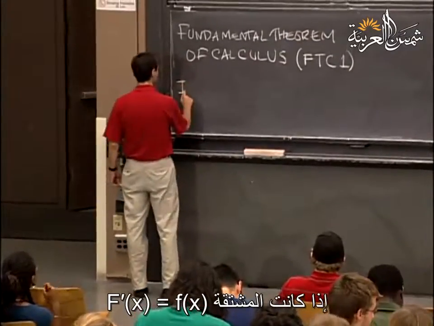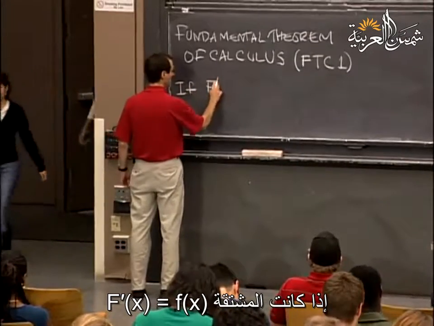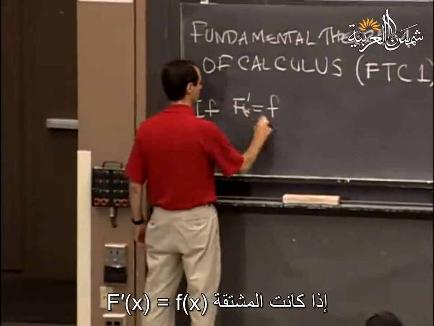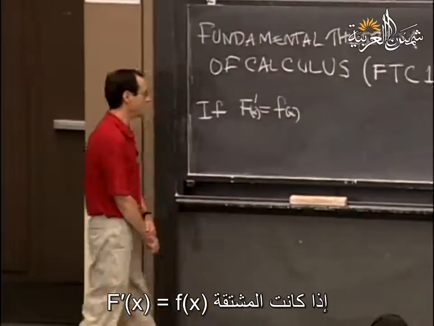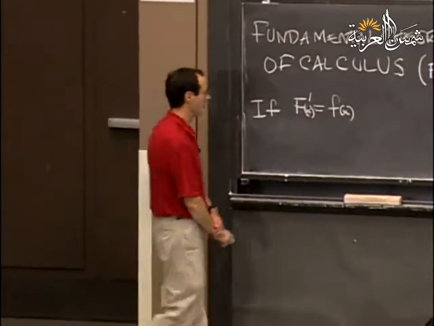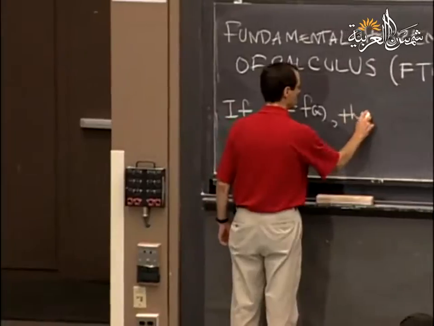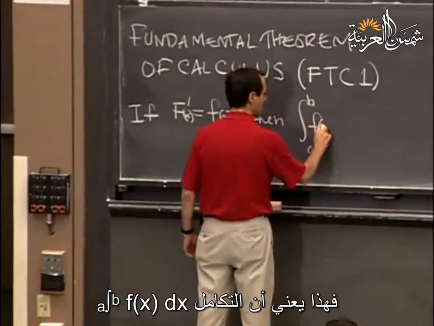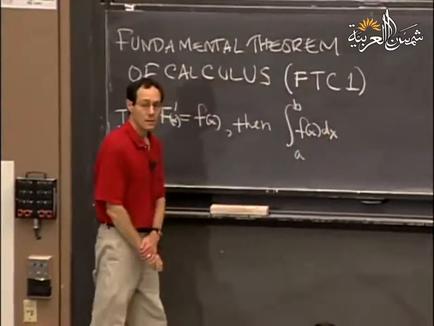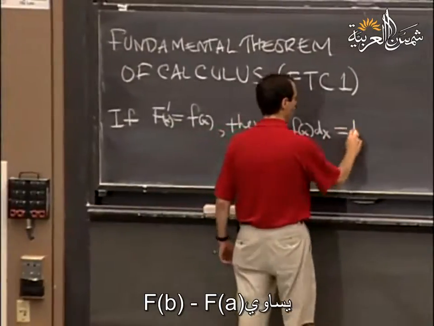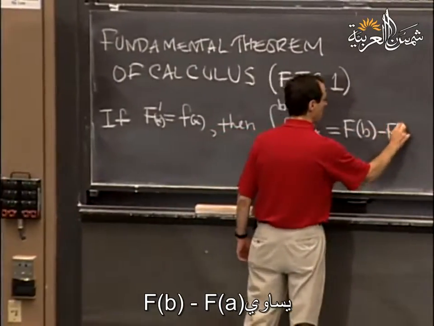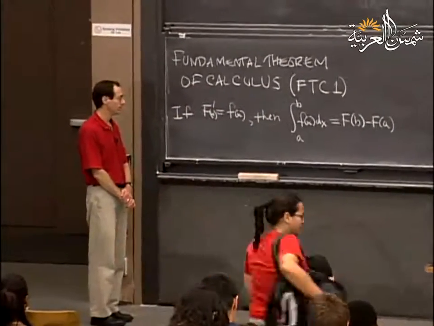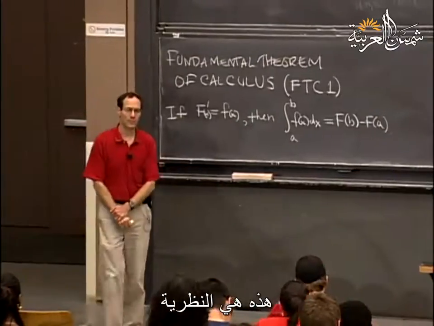It says that if F prime is equal to f, so F prime of x is equal to little f of x, it's a capital F and a little f, then the integral from a to b of f of x is equal to F of b minus F of a. That's it. That's the whole theorem.